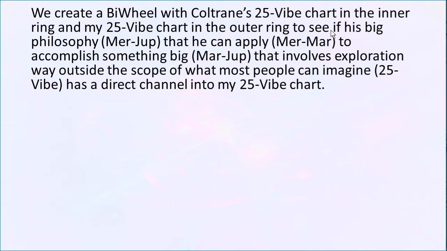There's like an engineering impact and this Pythagorean vision of the universe, and that the music is part of it to accomplish something big. Mars, Jupiter, does that connect with one or two planets in my chart to help it flow into me? Is there a direct channel for this from him to me?